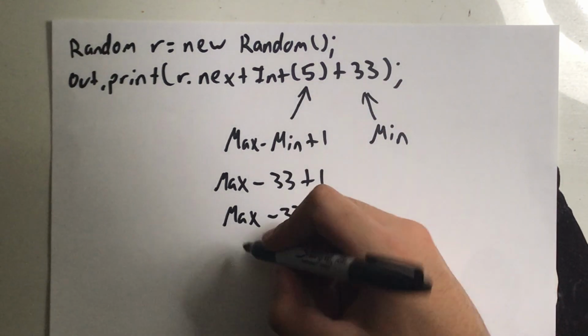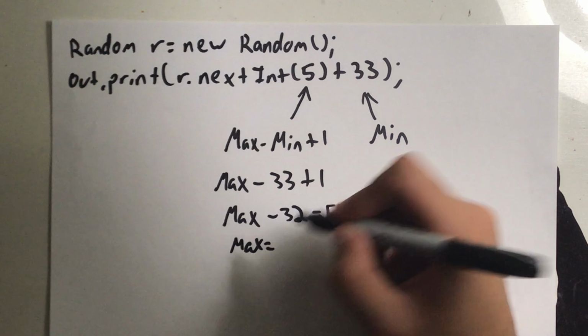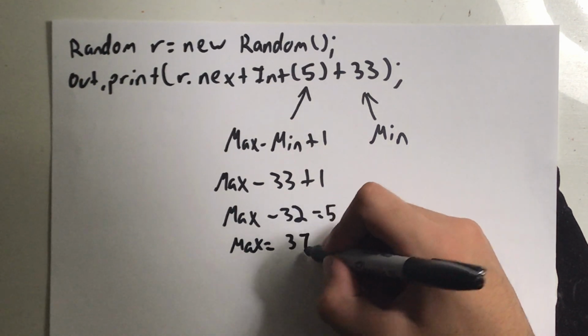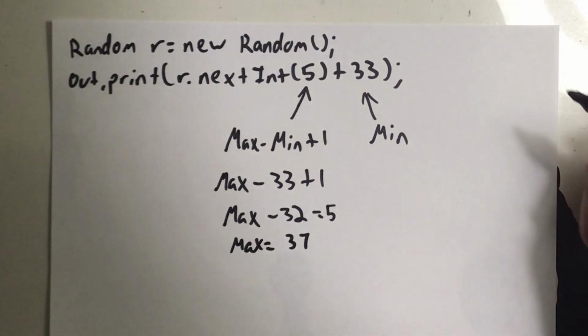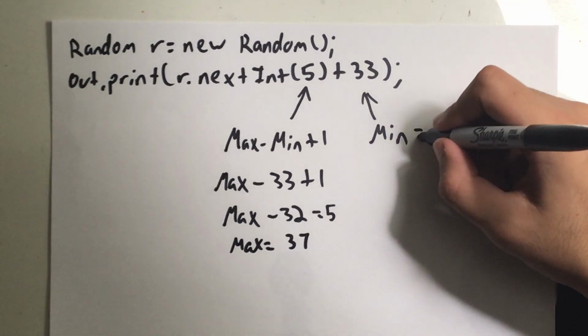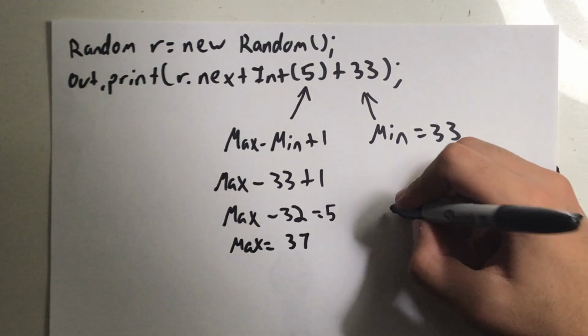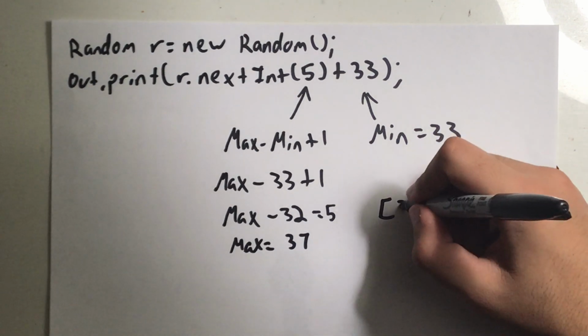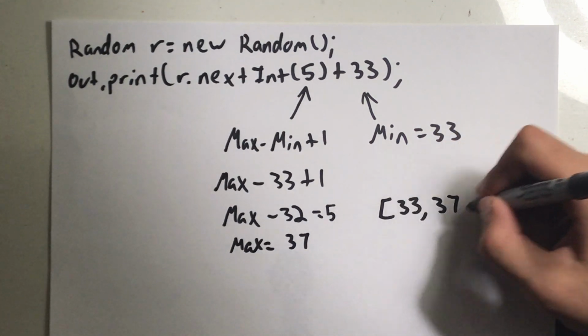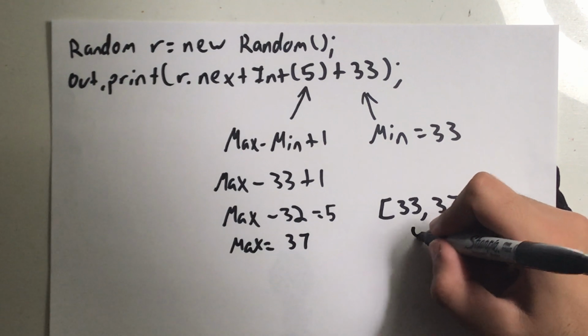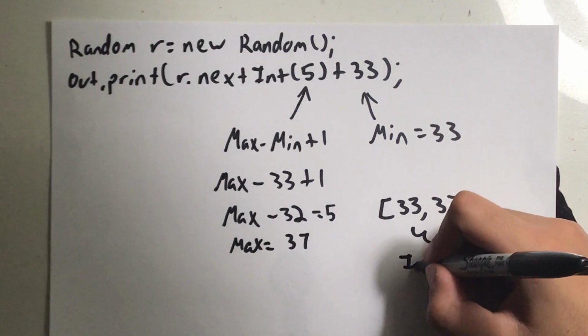Move 32 to the other side, and you get max equals 37, right? 37 minus 32 is 5. So your max value is 37, and your min value is 33. So your range is from 33 to 37. Both points are inclusive.